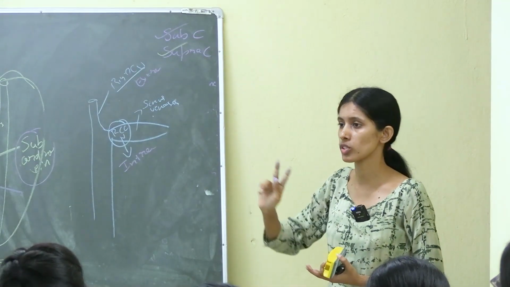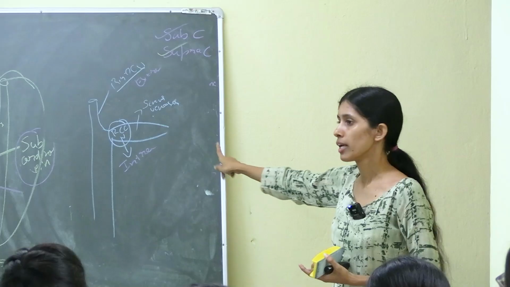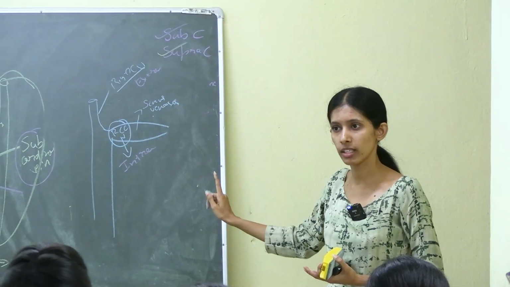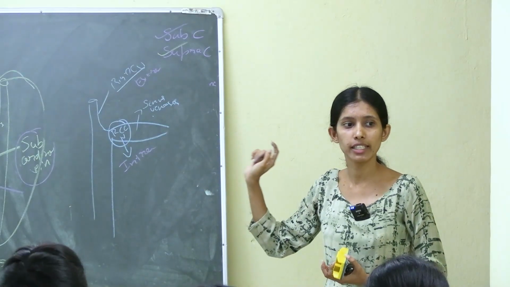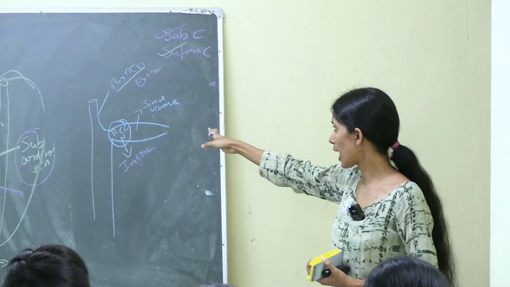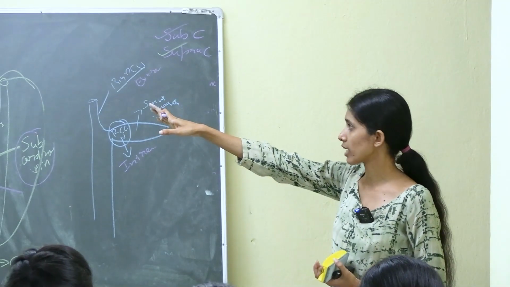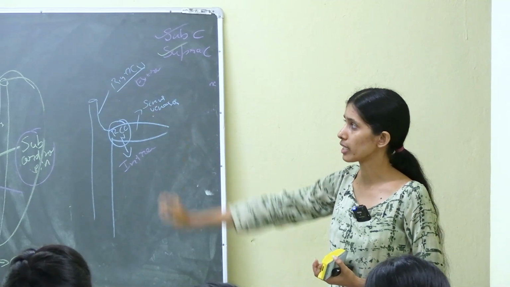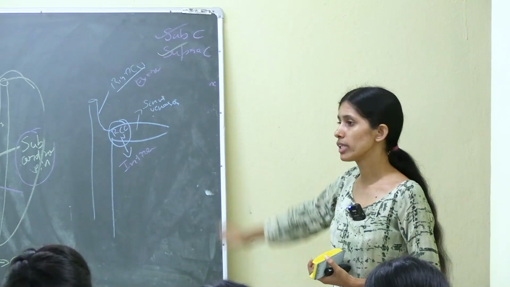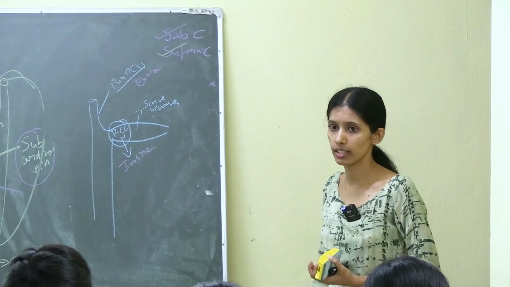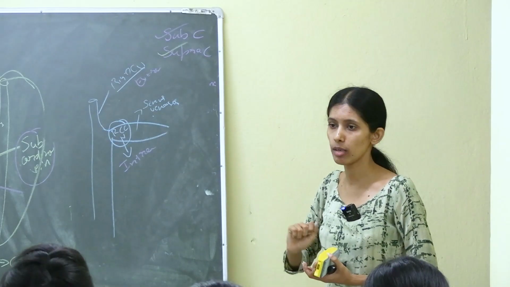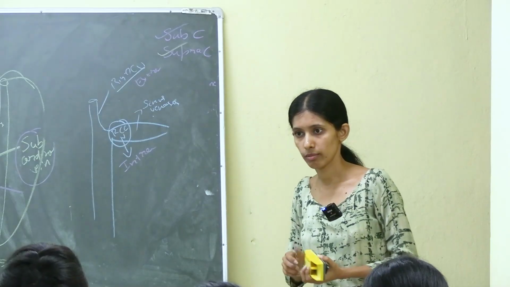Okay, here the two components are right common cardinal vein and the right anterior cardinal vein. Your right anterior cardinal vein is giving rise to the extrapericardial part, and the right common cardinal is giving rise to your intrapericardial part.